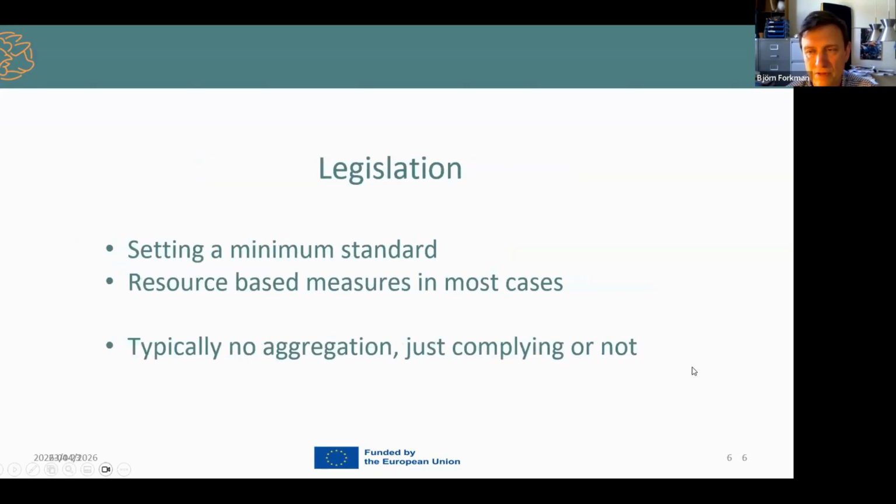So what's the difference? Well, in certification and legislation, what you do is set a minimum standard. The minimum standard is typically based on resource-based measures. If you remember, we talked about resource-based measures, management-based measures, and animal-based measures last time.